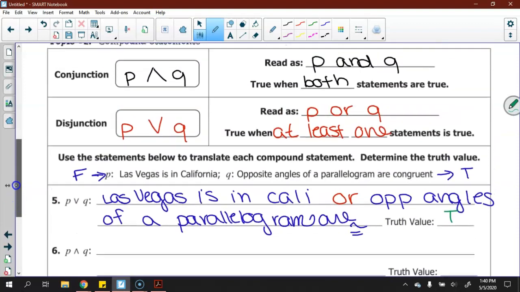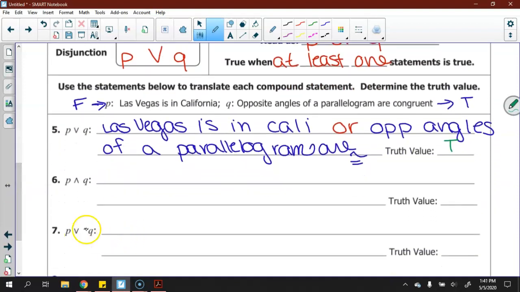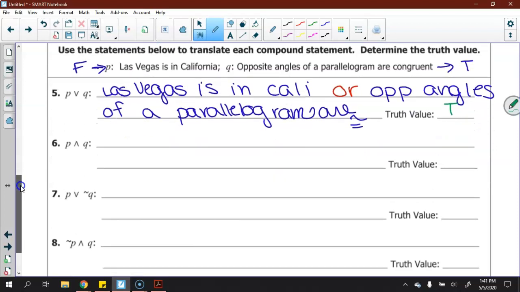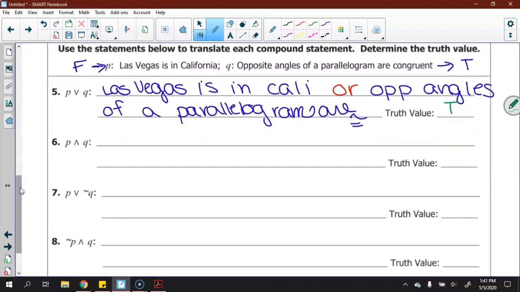The one I do kind of want to look at are these squigglies. Do you guys remember what the squigglies mean? Not. Yes, they mean not. All right, so let's scroll down. We'll do number 8. So this is saying Vegas is not in Cali. And because it's up like this, that is and, right?